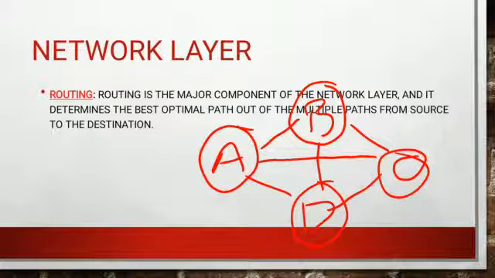Now A is the source or sender device and D is the destination device. So now from A the data packet is transmitted to D.